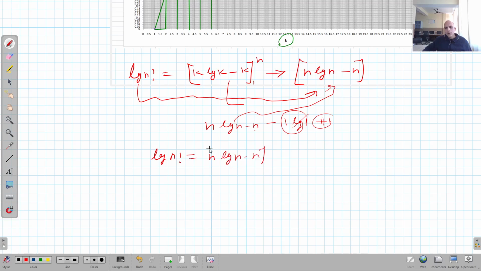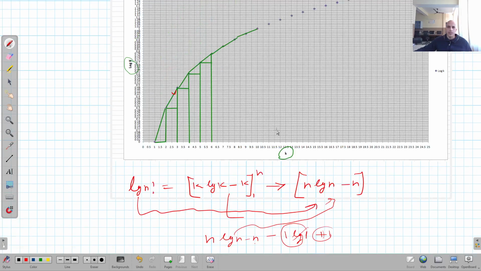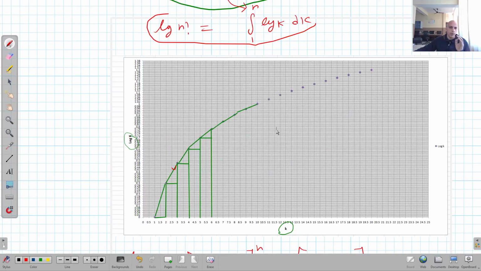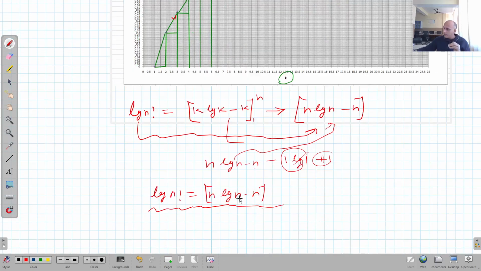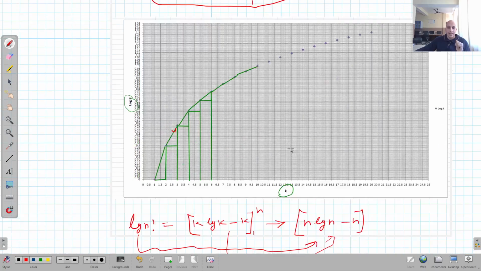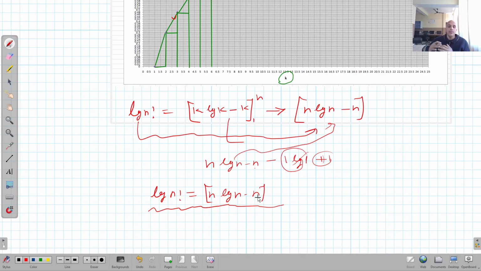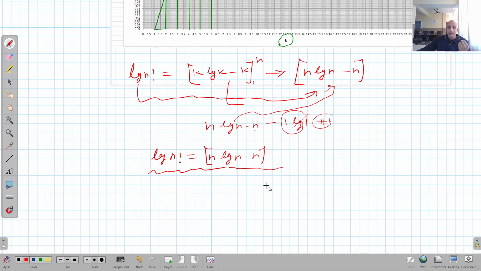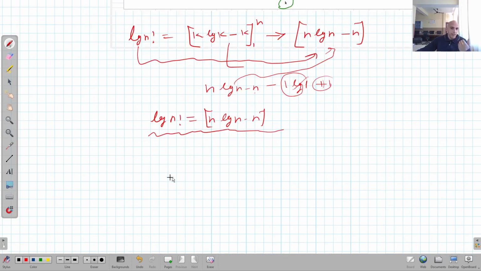Now, this formula is actually an approximation, as I have told you in this graph. This approximation will become more and more accurate as the value of n becomes larger and larger. For example, if you take n equal to 10, there will be a large error; this value and this value won't be exactly equal.